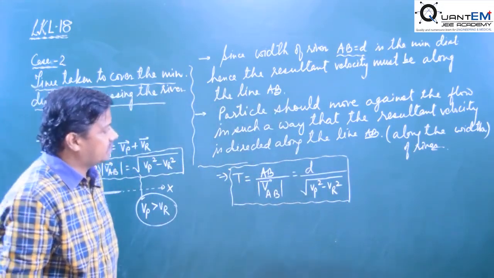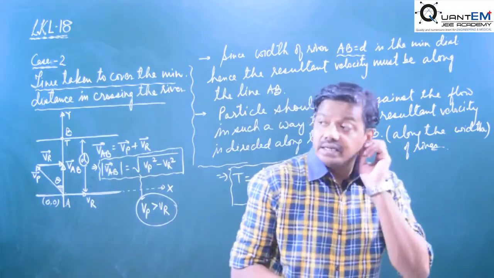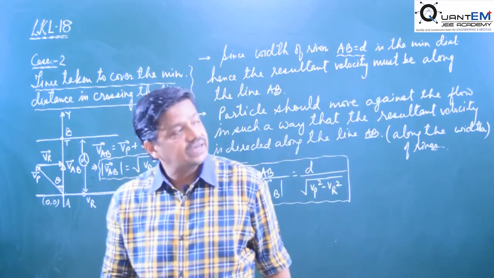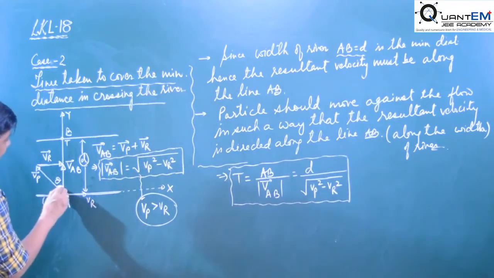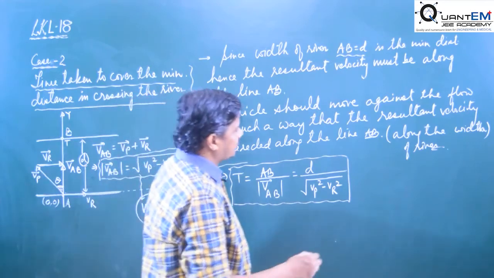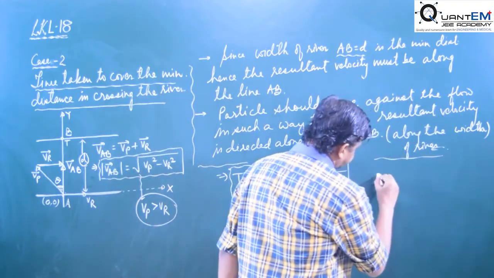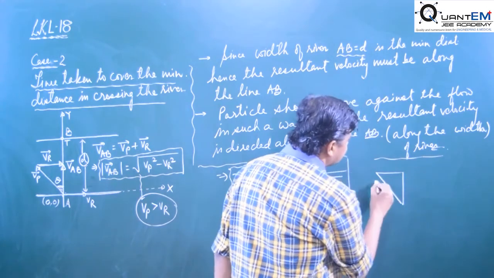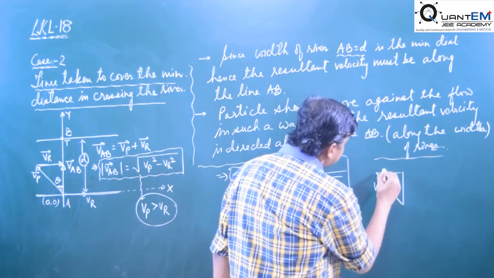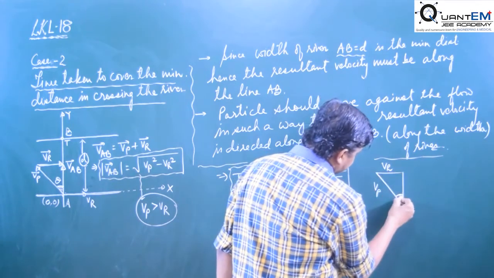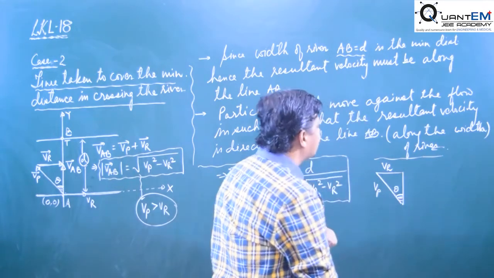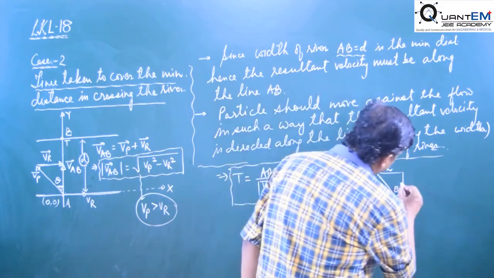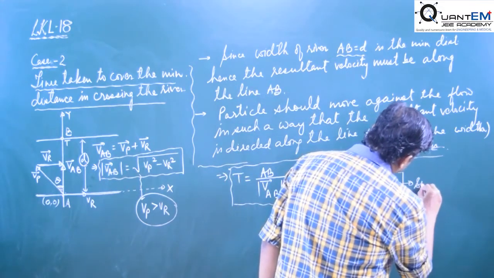Now one question we may have: in what direction should the particle be moved against the flow? So we have to find the value of theta. For getting the value of theta, use this triangle. Along this line we have VP and it is VR. This angle we have theta. So hypotenuse we know and perpendicular is also known. So what will be the value of sine theta?